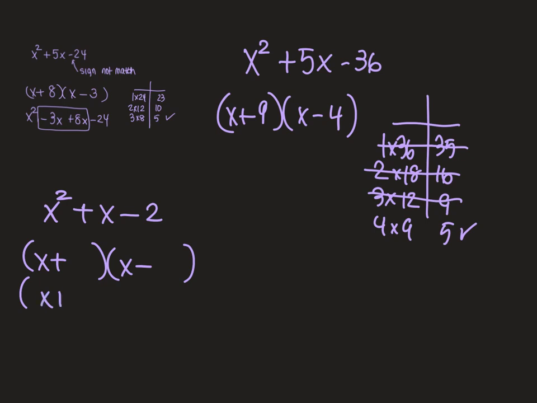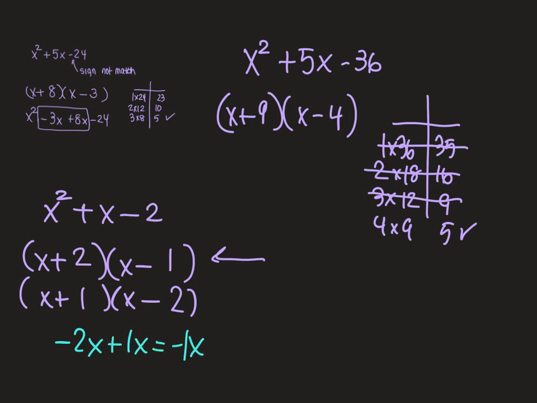So, do I want to put the 2 here and the 1 here, or the 1 there and the 2 there? I want to do this guy because I need my bigger factor to be with the plus one. If I did this one, I would have a negative 2x. Let's write it out. Outer would be negative 2x and inner would be positive 1x, and that makes negative 1, not positive 1.